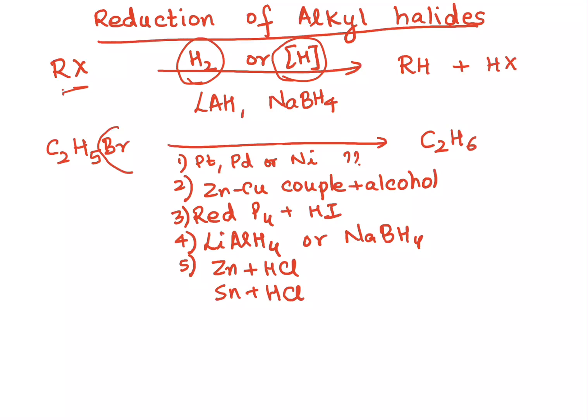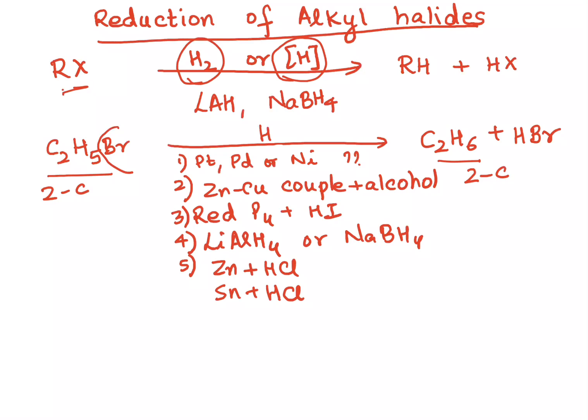So we have C2H6 plus, go ahead, because I've got H over here, it will be HBr, correct? So again, this is a reaction where I can use it for converting, but the number of carbon atoms is remaining the same. Clear?